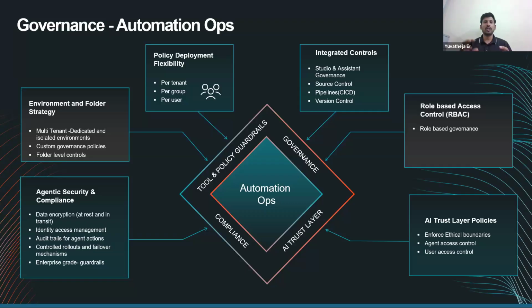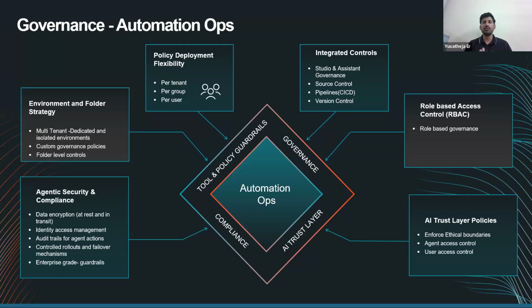So here, let's say you have multiple tenants, right? You can control the environments in such a way that only certain environments can access certain agents and certain systems. So you have multi-tenant controls as well. You have granular level protection on the folders as well.